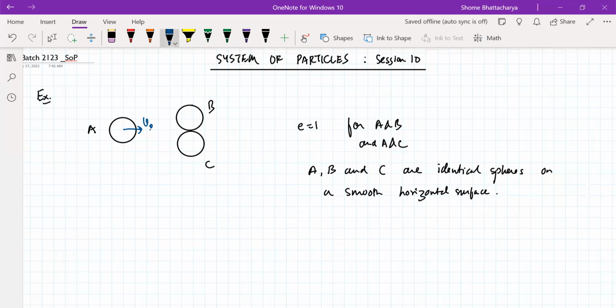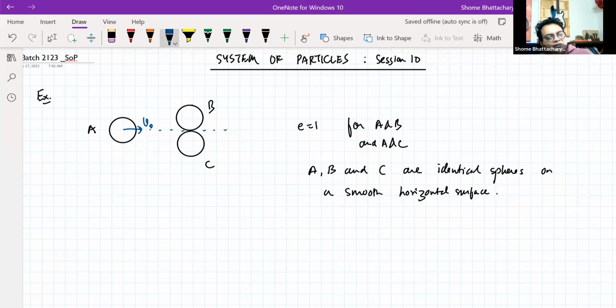So we're supposed to find VA, VB, VC in terms of V naught, right? Yes.